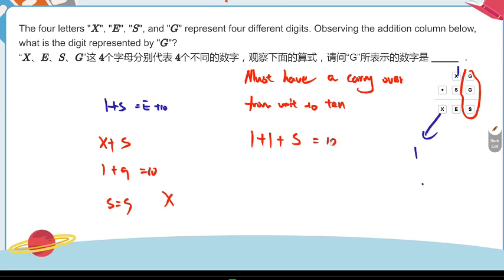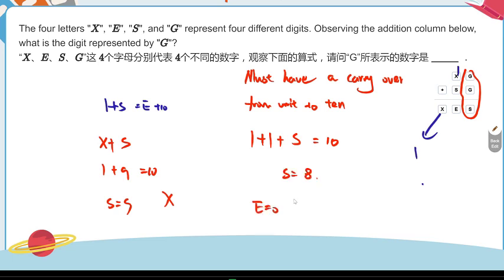Why is it 10? Why can't it be 11? If we want it to be 11 here, which means S has to equal 9 again, it will conflict with the question. So it will conflict with S being an even number. So we must have 1 plus 1 plus S equals 10. So we know that S equals 8.